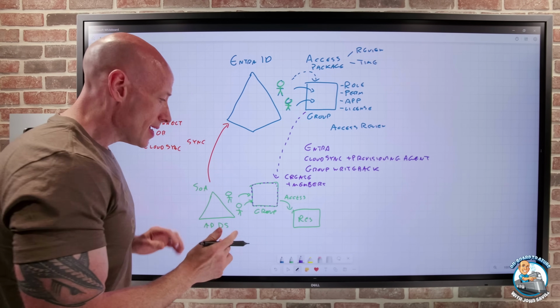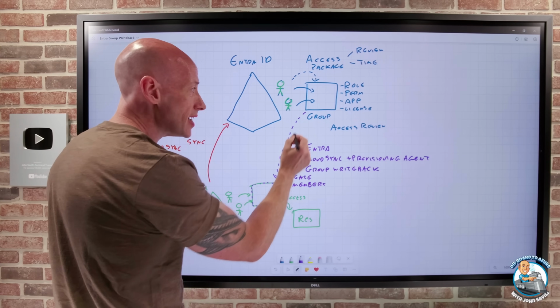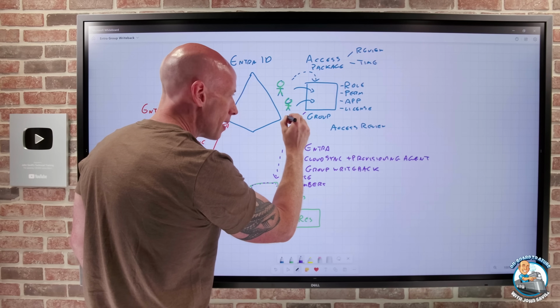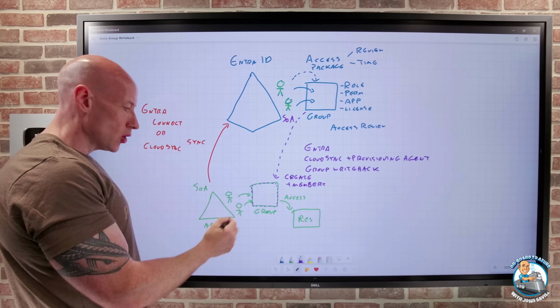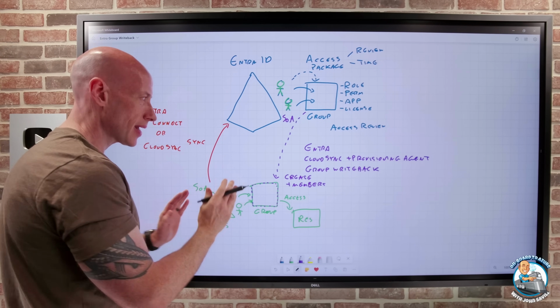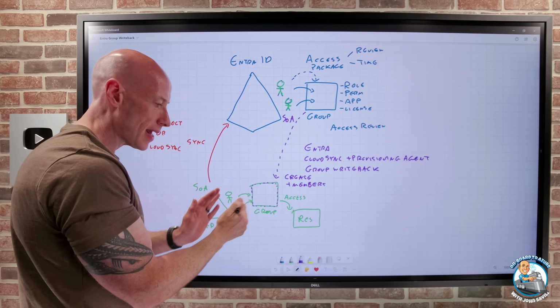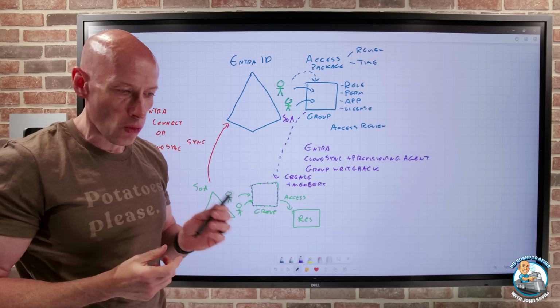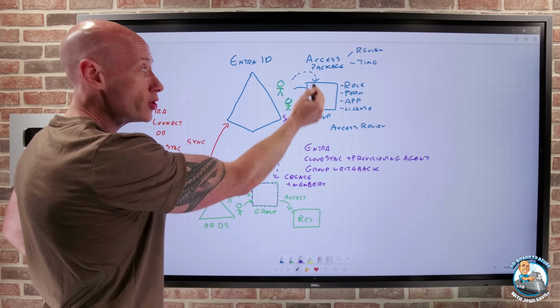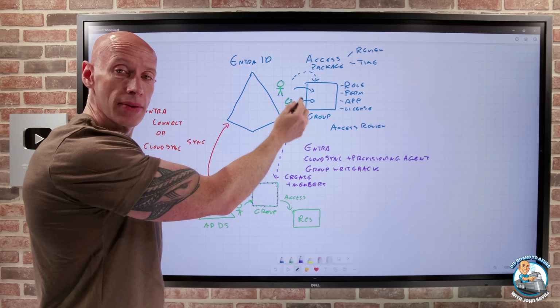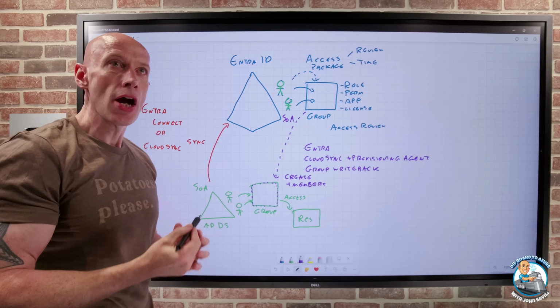So the point is the source of authority just for this group writeback now becomes Entra, but the source of authority for the users is still Active Directory. So they have to be synced, but now they can go and be added when I perform that synchronization. If I have a cloud user that is a member, they're just going to be skipped. There's nothing it can do. And you'll see it in the logs.